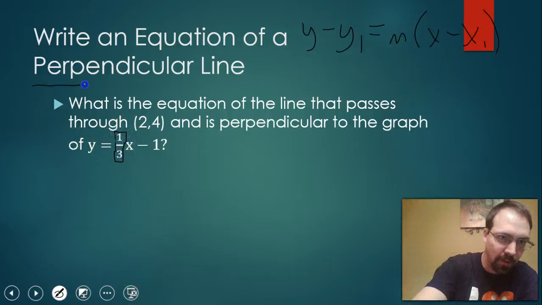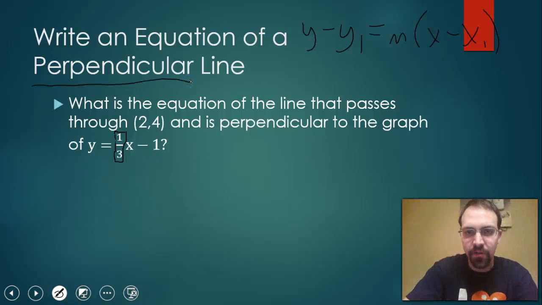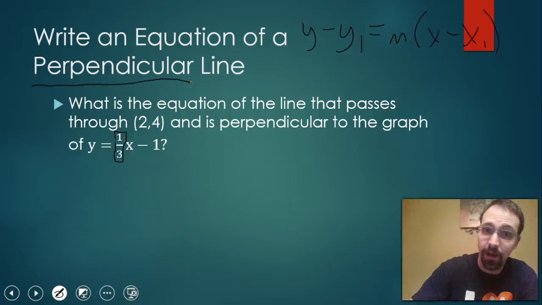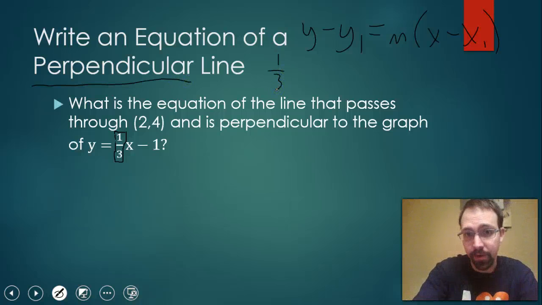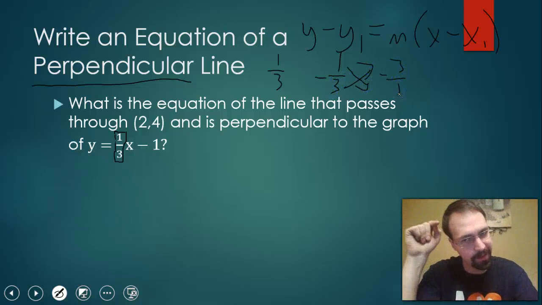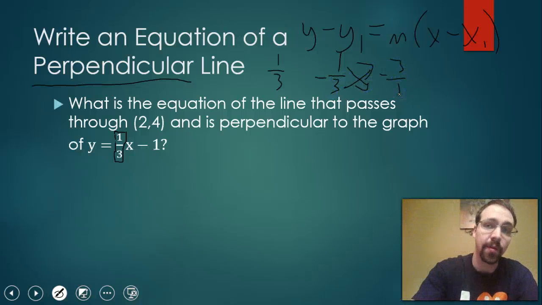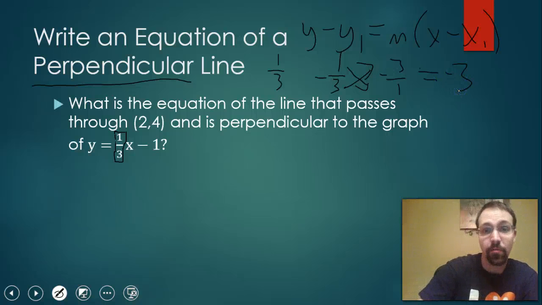However, we're talking about a perpendicular line. So we need to take the opposite reciprocal of 1/3. So the opposite of 1/3 is -1/3. And then the reciprocal of -1/3 is -3/1. Let's reduce that. -3 divided by 1 is -3. So that's going to be the m we use.